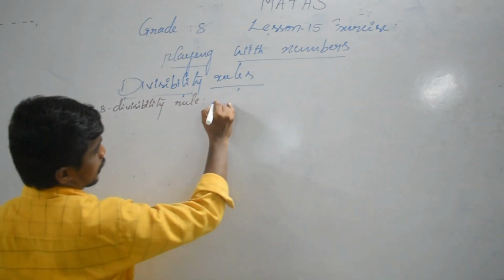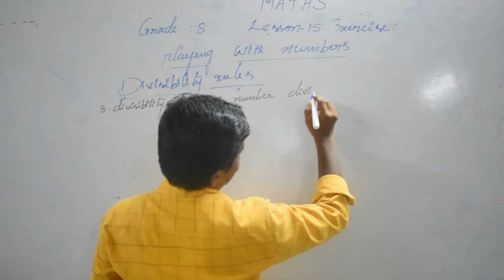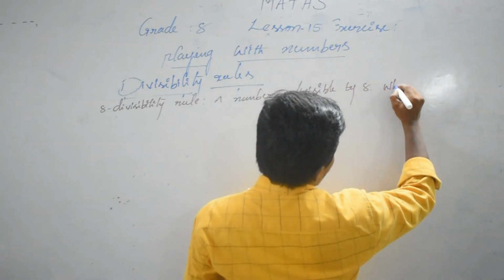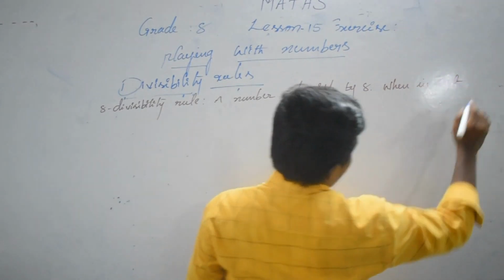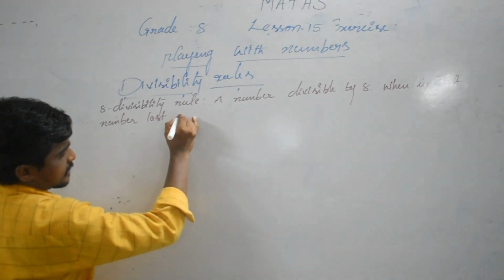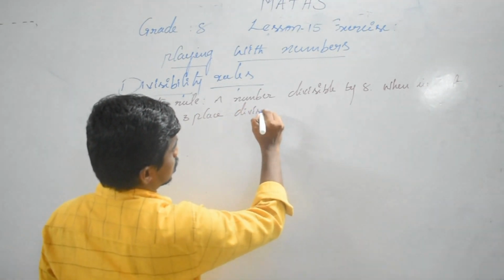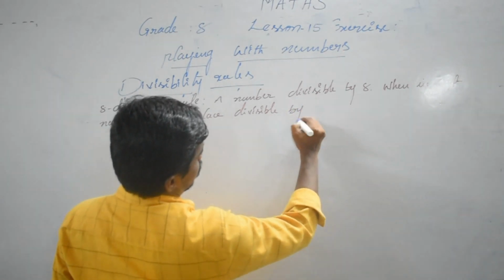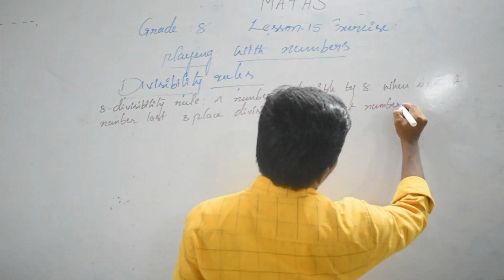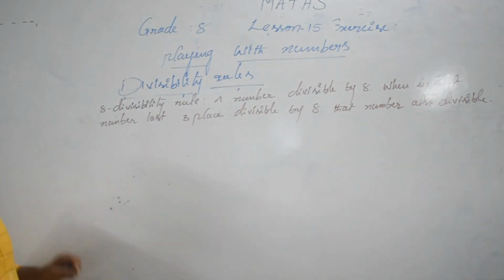Divisibility rule: a number is divisible by 8 when, in that number, the last 3 places are divisible by 8, that number is also divisible.